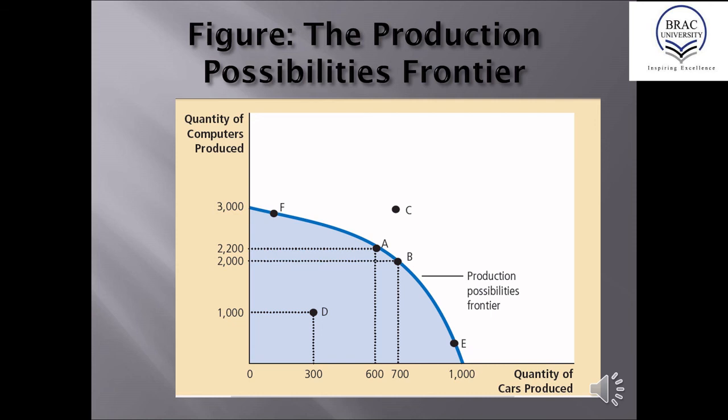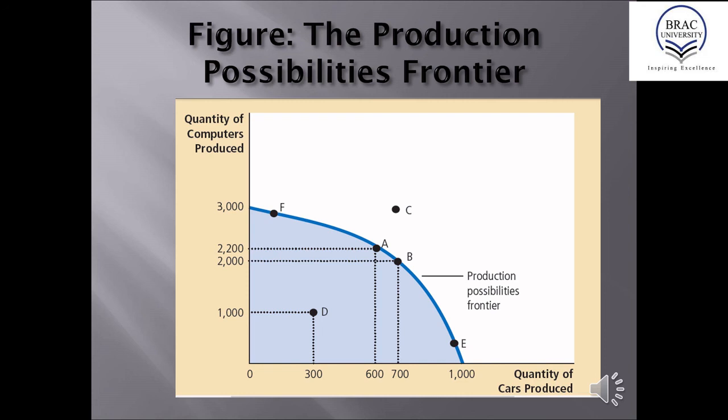So if the country wants to produce more computers, it will have to reduce the production of cars. Similarly, if it wants to produce more cars and fewer computers, it will have to sacrifice computer production, and that sacrifice would measure the opportunity cost.